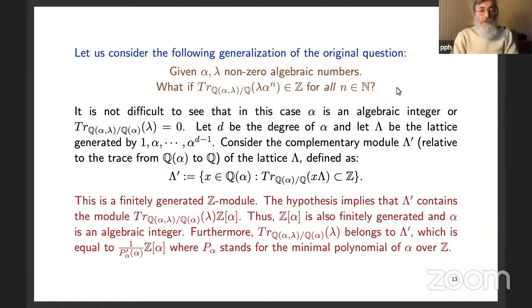And thus alpha is an algebraic integer. Furthermore, the trace of lambda, as noted, is in Lambda prime. And this Lambda prime, because alpha is an integer, can be computed to be this module: Z[alpha] multiplied by 1 over P prime of alpha. This is the derivative of the minimal polynomial of alpha over Q evaluated at alpha. We will see expressions like that later on also.